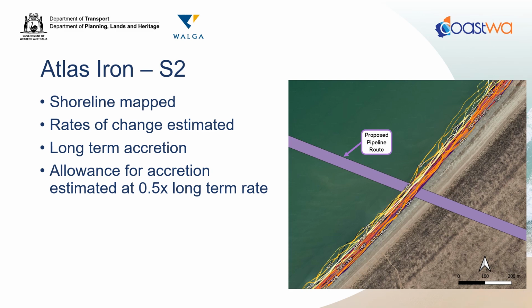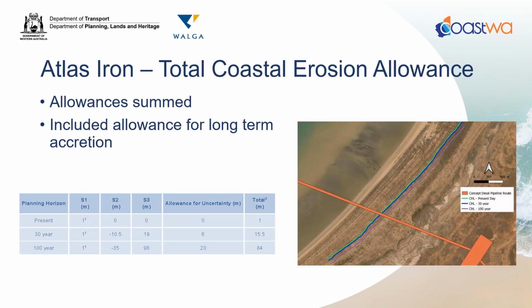The allowance for accretion was greater than that 0.2 metres per year, so the S2 allowance was calculated at 0.5 times the long-term rate to account for that. These allowances were summed, including that allowance for long-term accretion, and we calculate allowances in the order of 1 to 80 odd metres.